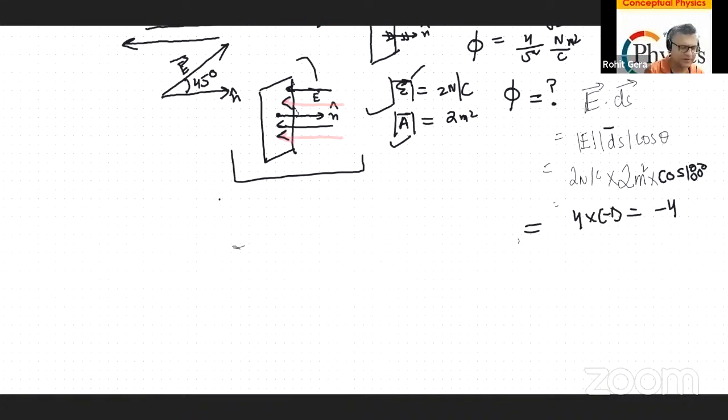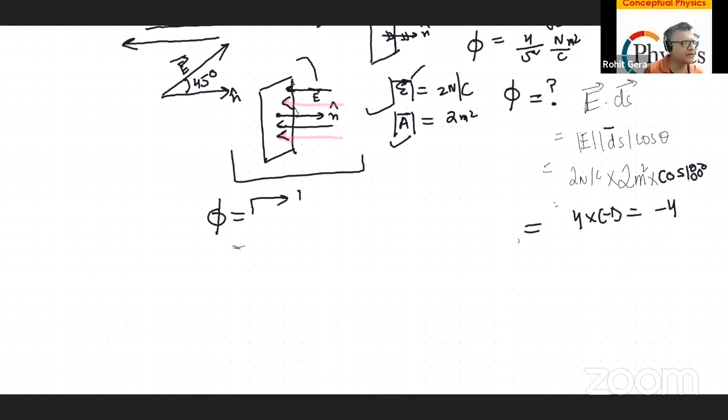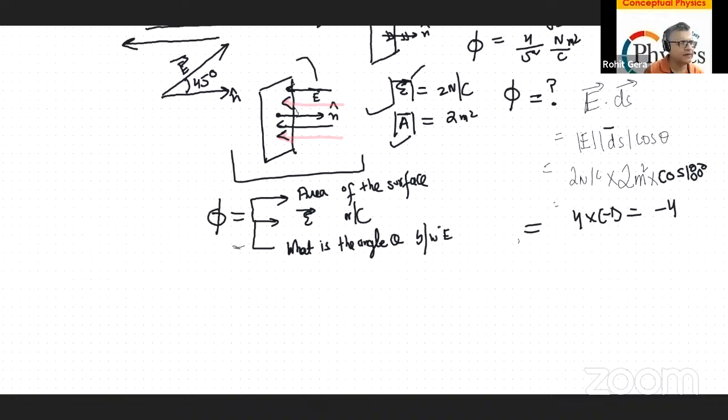So if you have to calculate flux, you have dependency on how much area is involved, the area of the surface through which the flux is passing. You have dependency on the electric field, and third, on the angle theta between E and the area vector.